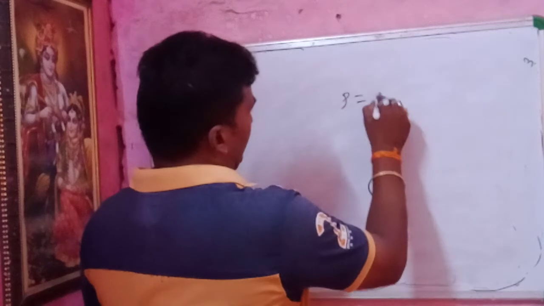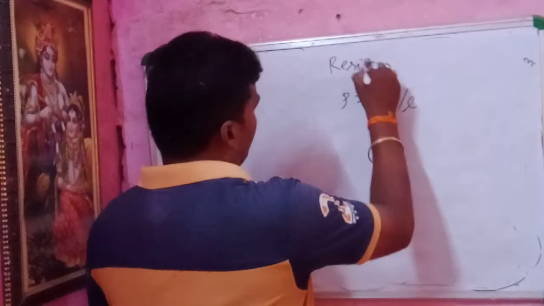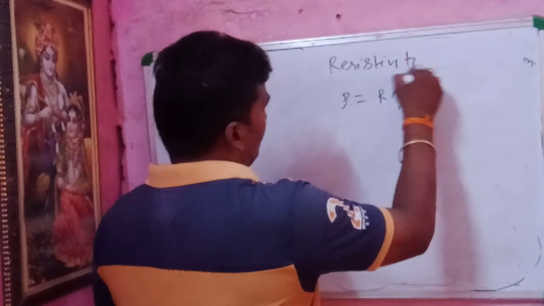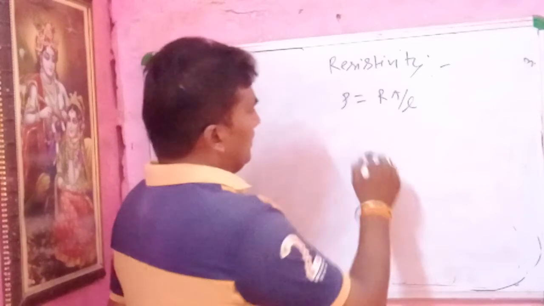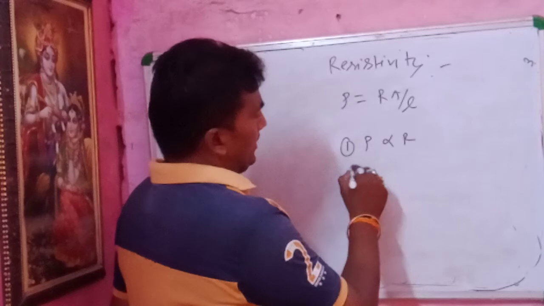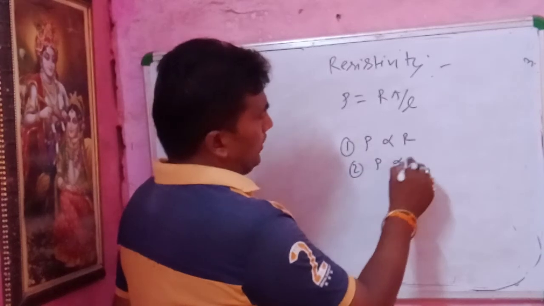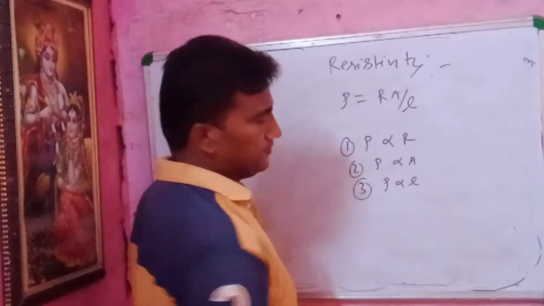Rho is equal to RA by L. It is the mathematical expression of resistivity. Rho is directly proportional to R, rho is directly proportional to A, and rho is inversely proportional to length.